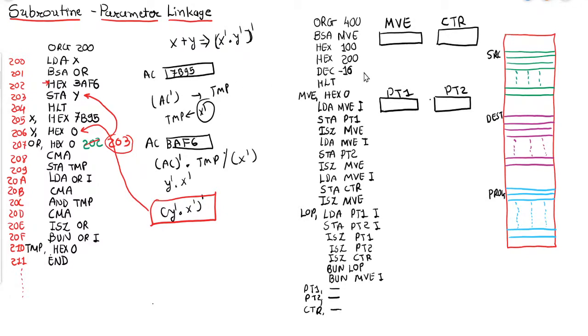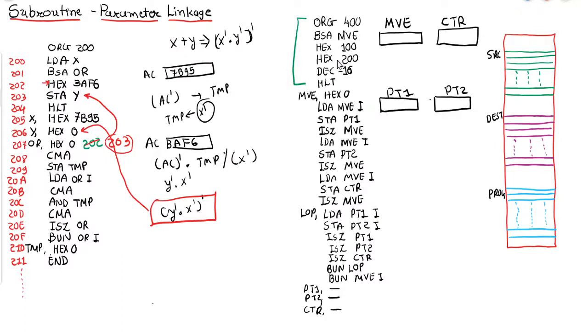Now let's have a look at another program. Here we will focus on how a block of data can be moved or copied from one place to another. So let's start our discussion. This program will be divided into three parts.